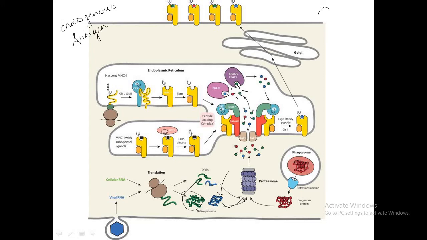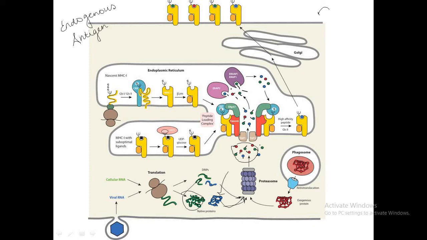The proteasome complex will chop this viral protein into small pieces, and these small pieces of viral protein then need to get presented to a T cell so that they ultimately get cleared from the body.